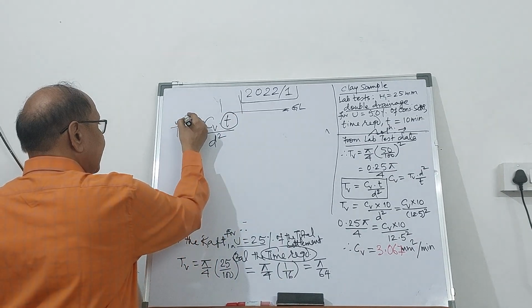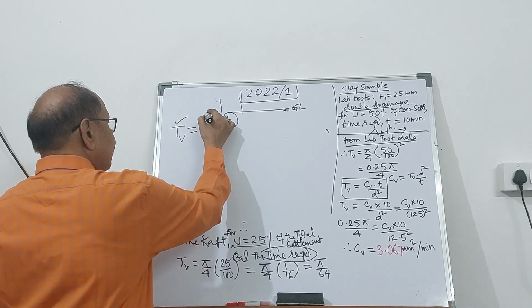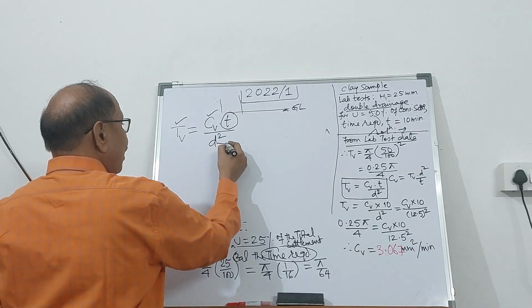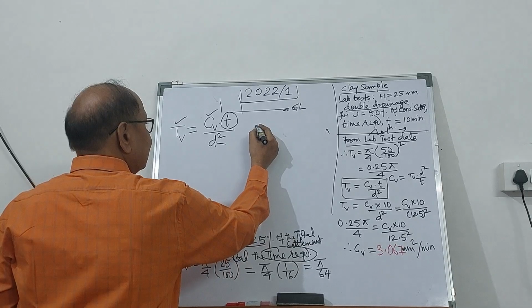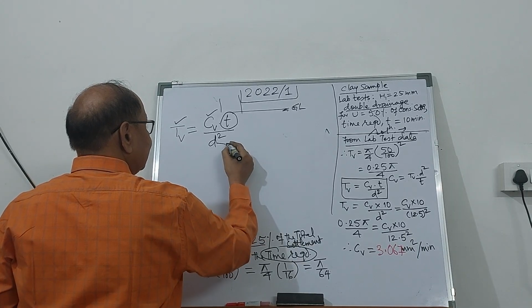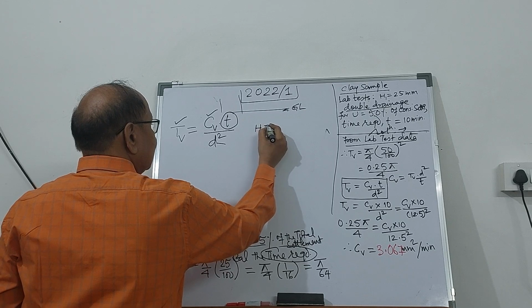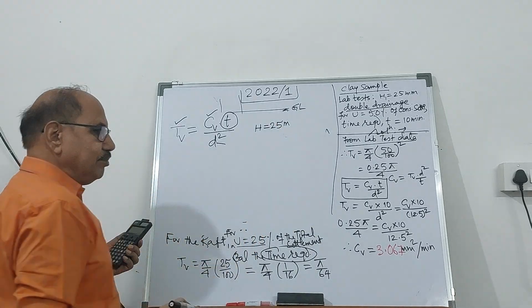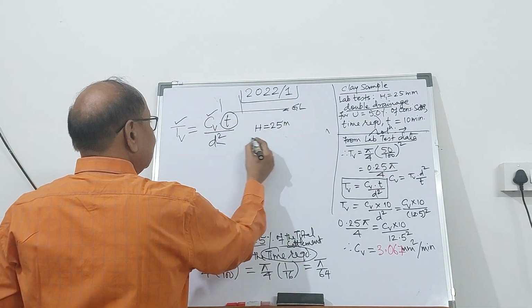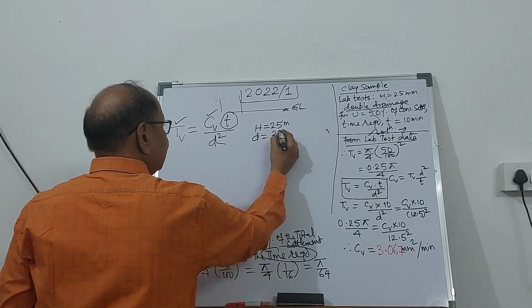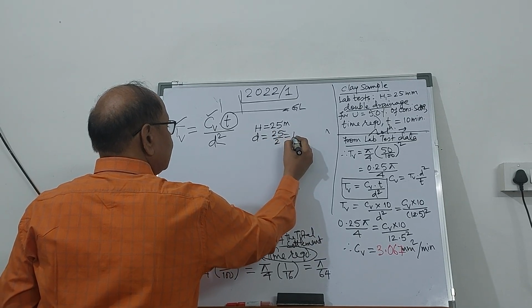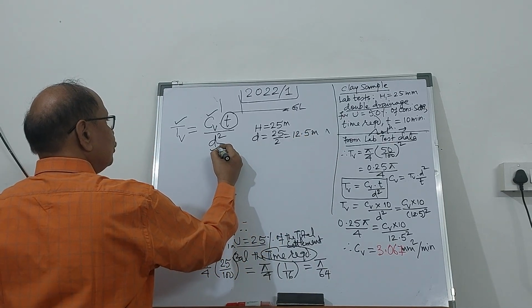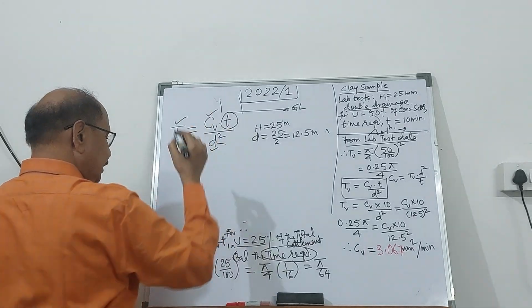Time factor you have already calculated. CV you have already calculated. And the drainage path for the in situ or site condition, the value of clay thickness is 25 meter, and therefore D will be, for double drainage, 25 divided by 2, that is 12.5 meter. So D is also known to you. So what is unknown is only T.